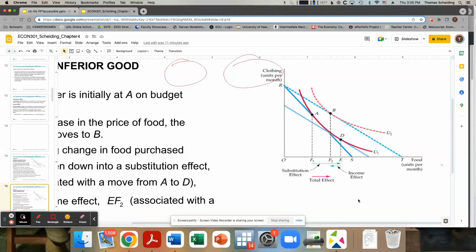Okay, so the bus tickets going down in price changes the budget constraint from RS to RT. Now, we have to draw a line that's exactly parallel to RT and bring it inwards until it just touches the original indifference curve. That would be this line right here.